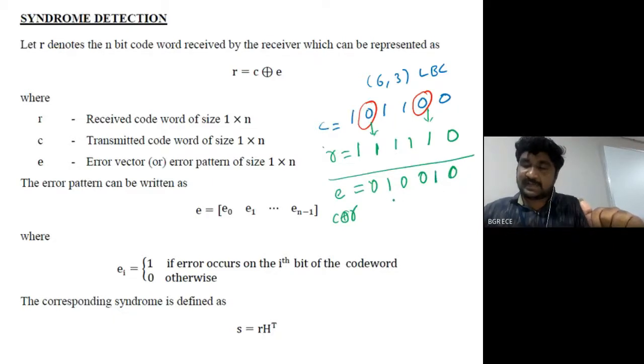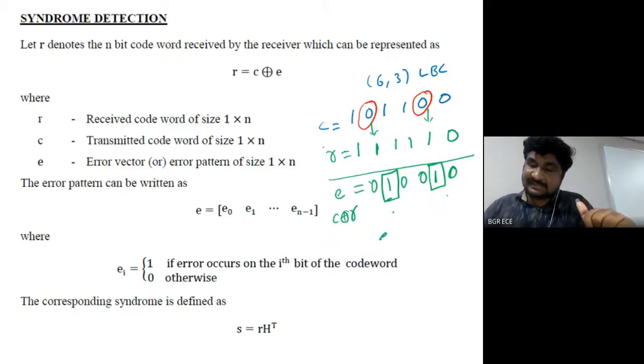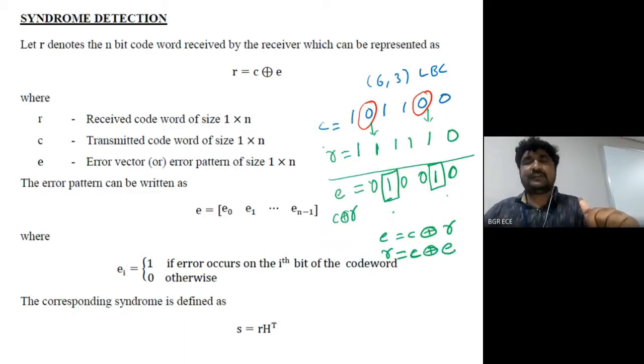By this way, we can say that the error has happened on the second position and on the fifth position from the MSB. So if the error pattern E is equal to C XOR R, or otherwise modulo-2 sum of C and R, then the received code word will be the modulo-2 sum of C and E.